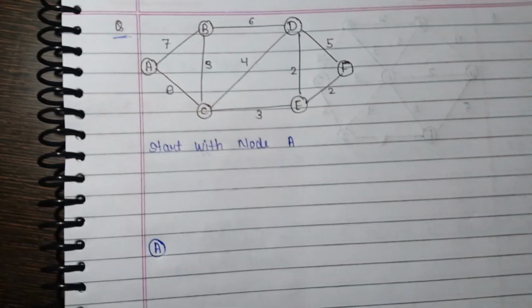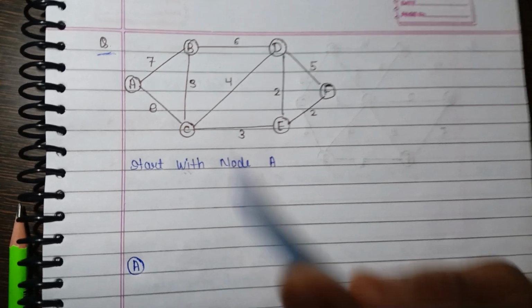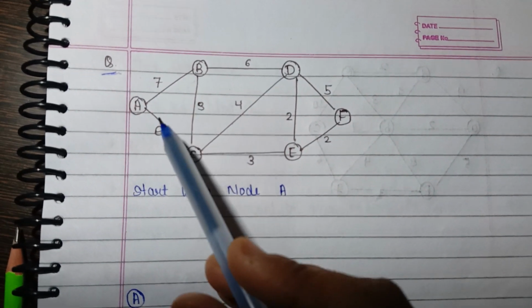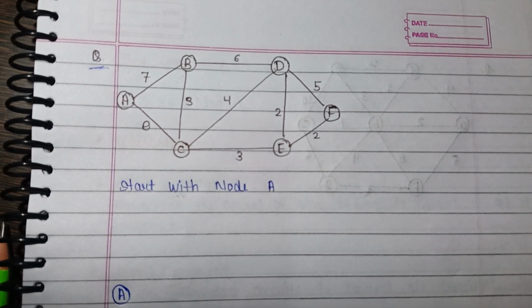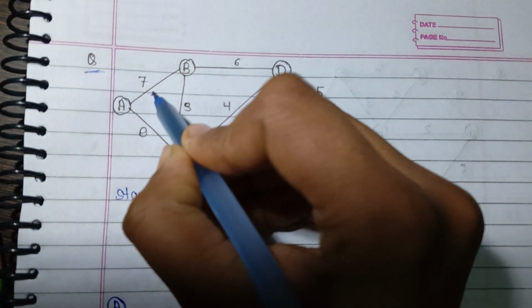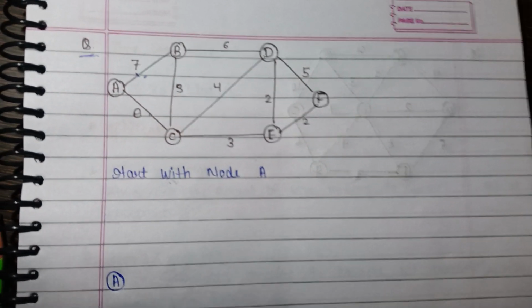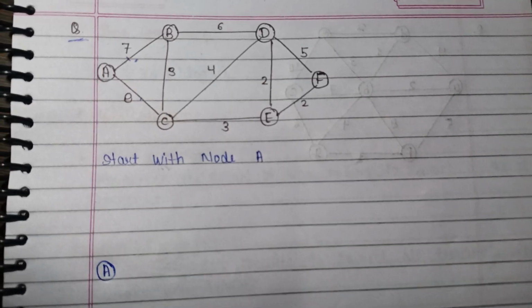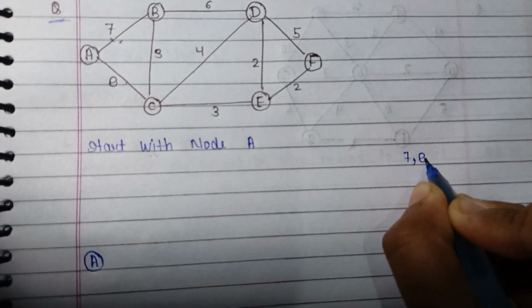Now find all the edges connected to this vertex. This and this are connected. So on your rough side or in your rough copy, simply write 7 and 8.